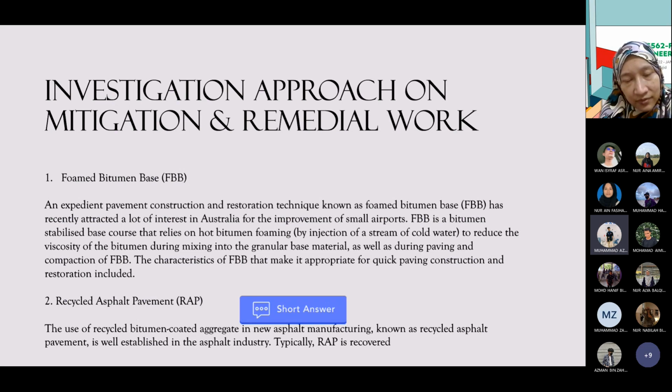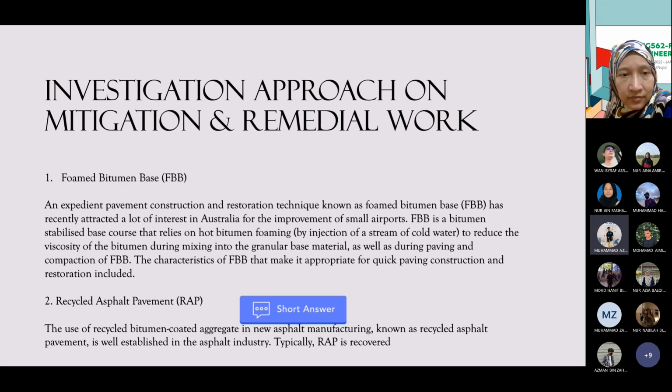It uses a stream of cold water to reduce the viscosity of the bitumen during mixing with the granular base material, and also during the compaction of the foam bitumen base.